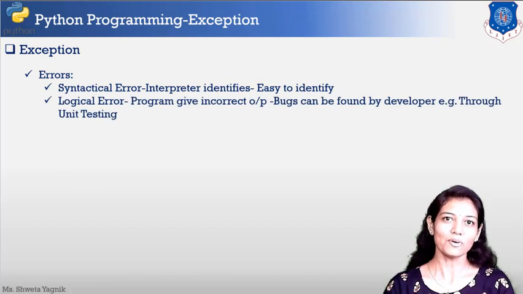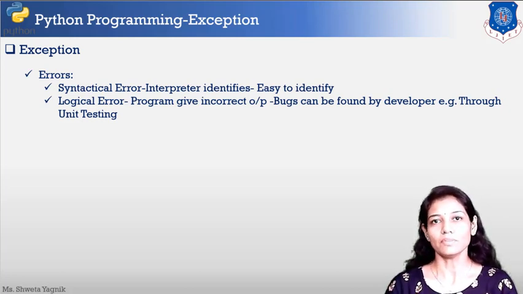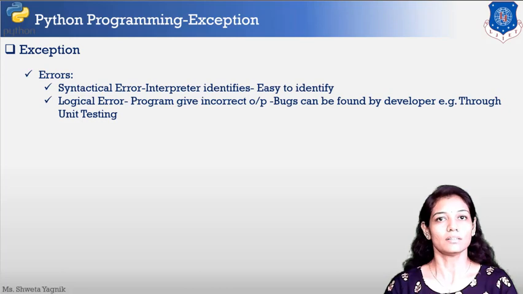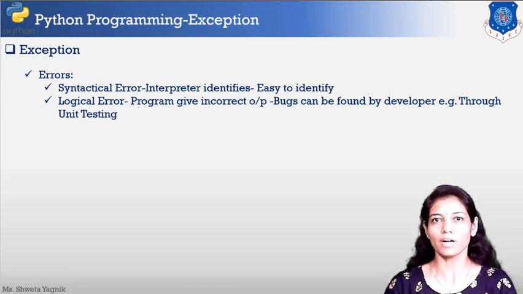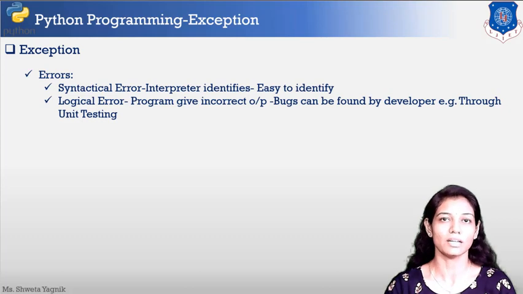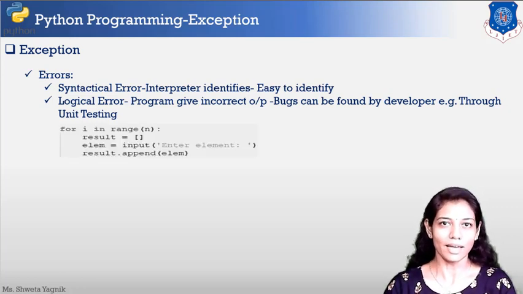Now the second type of error is logical error. When we compile our program, the interpreter doesn't show any error, but it doesn't give proper output as per our expectation. If you have seen my last session, we saw debugging, where we solved one logical error.